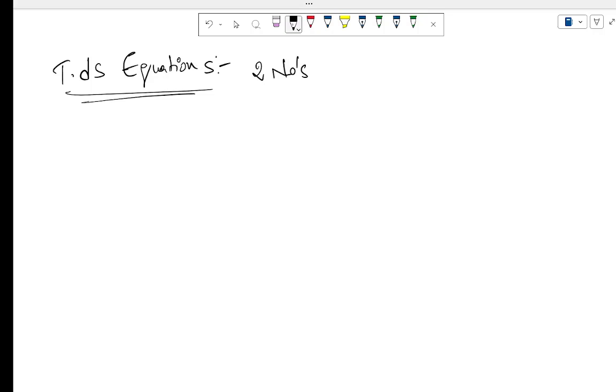So the TdS equations are two in number. If you look at the first, let me call this TdS equation 1. I'll write it as TdS1. This is based on temperature and volume.